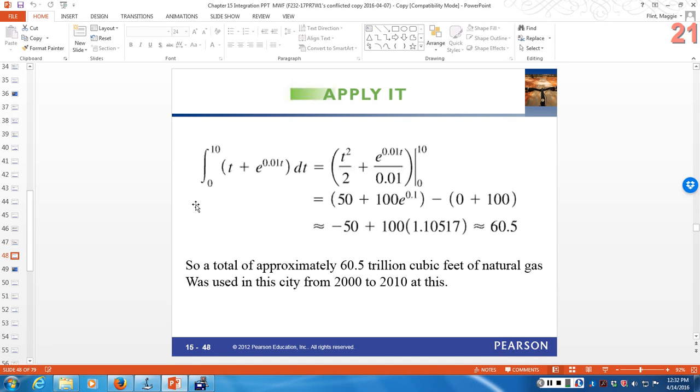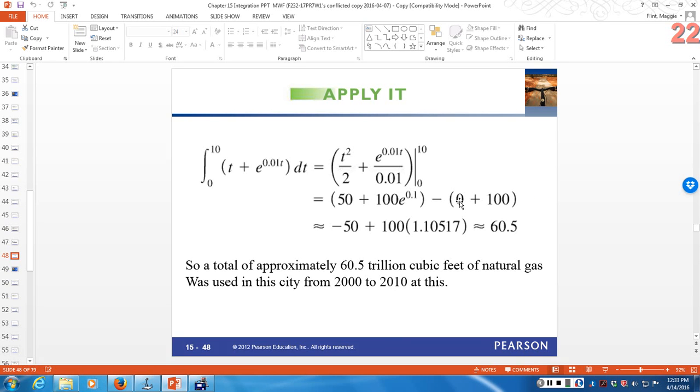So when we do that, the integral of t is t squared over 2. The integral of e raised to a power is, as it always was, e raised to that power, and then you wind up dividing by the derivative of that power. Okay? And so we have, if you plug in 0, well, you get 0.